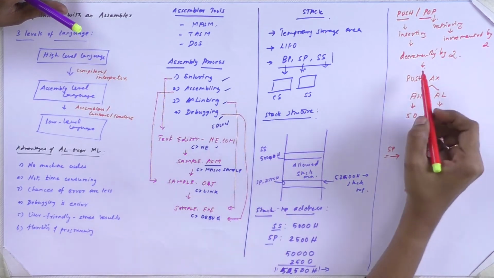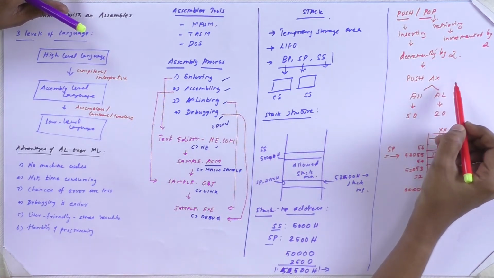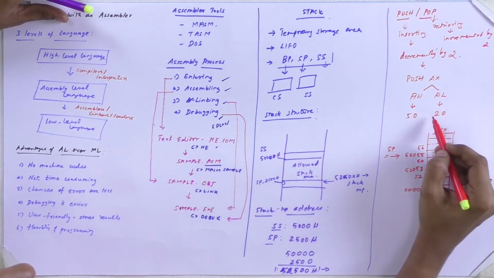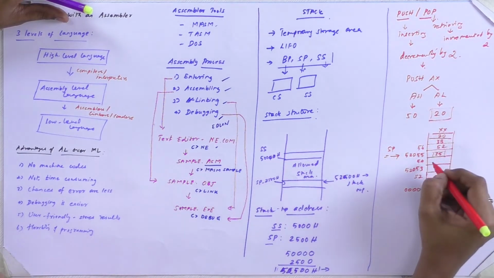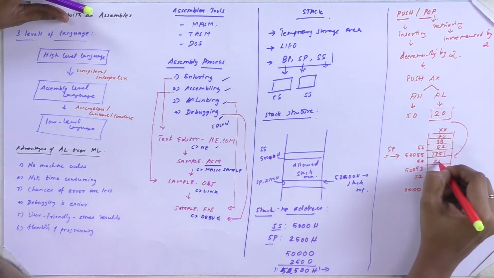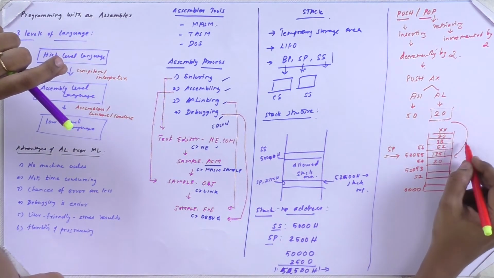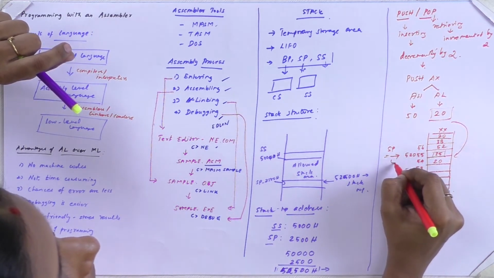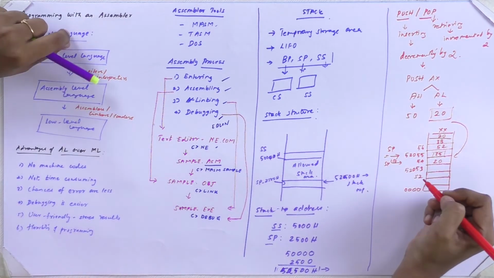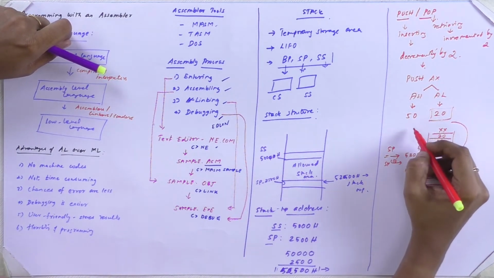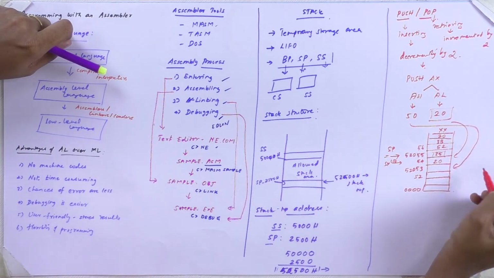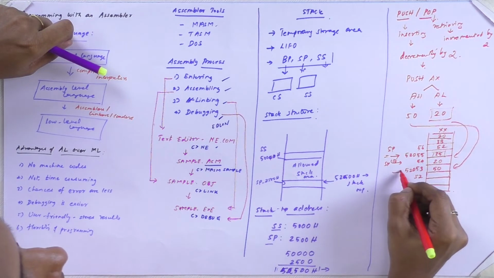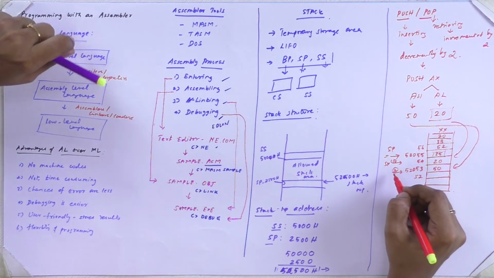Now if you execute push AX, first the lower order value, 20, is pushed onto the stack, and the stack pointer is decremented by 1. Next, the higher order value 50 is pushed into the stack, and the stack pointer is decremented by another 1.